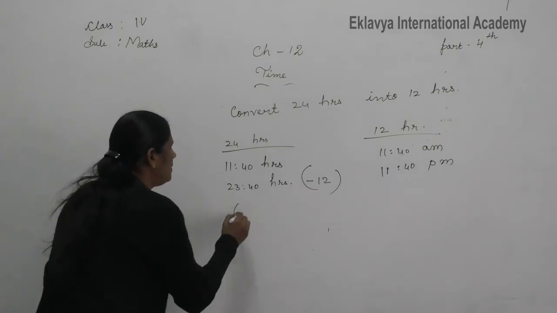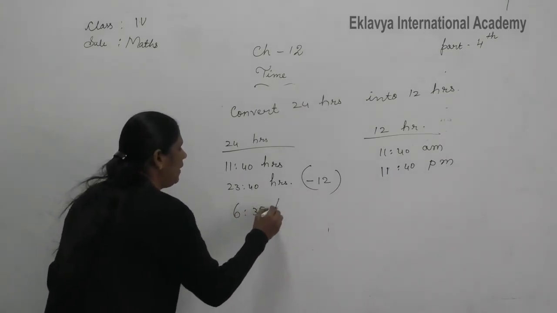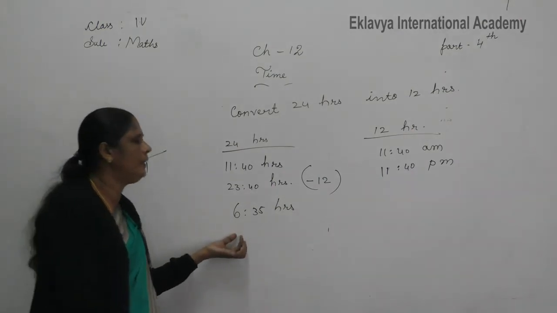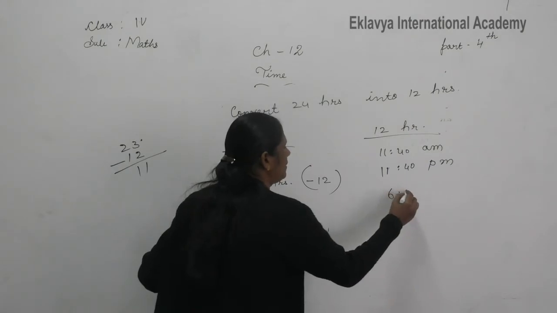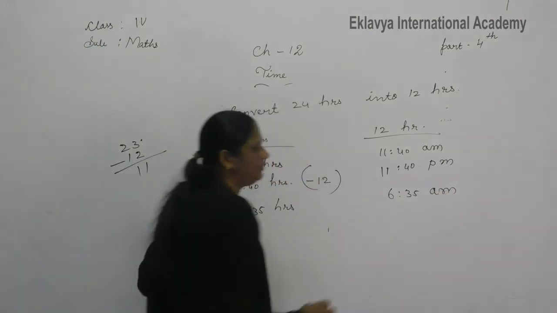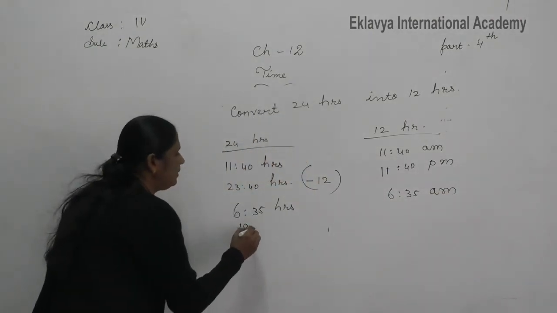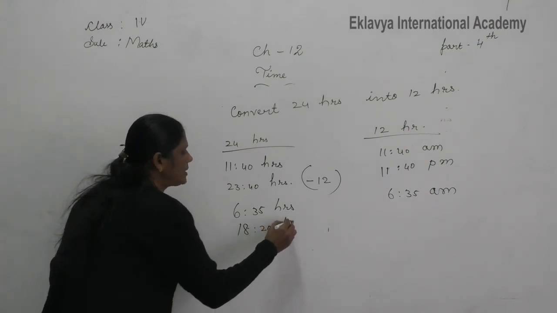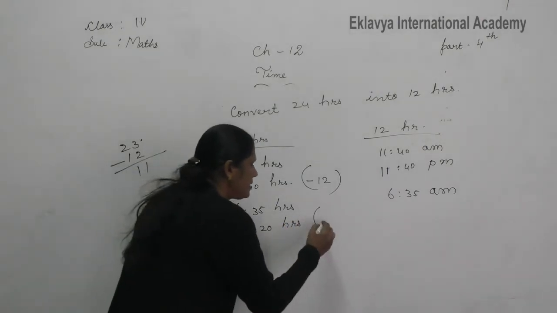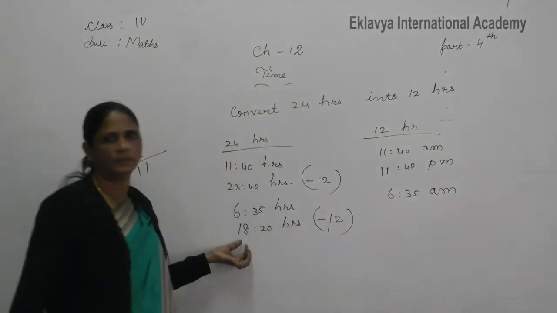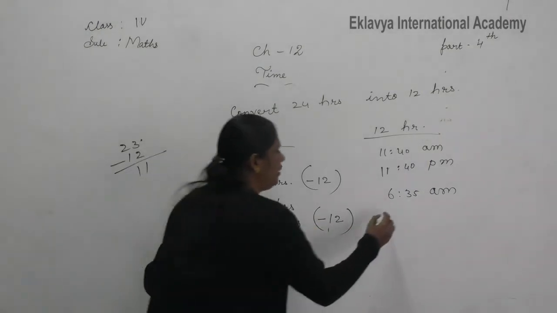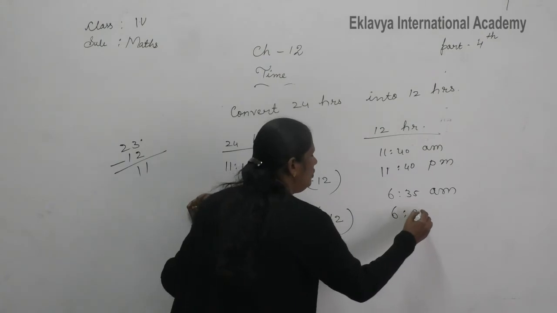Now 6:35 hours. How to write this? Do we subtract here? No. We write 6:35 AM. Then 18:20 hours. This is more than 12, therefore we subtract 12. 18 minus 12, you get 6. You write 6:20 PM.